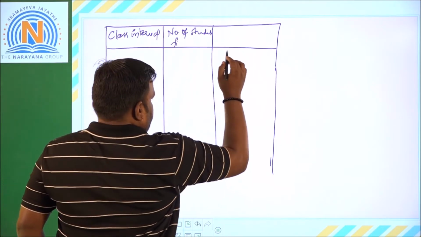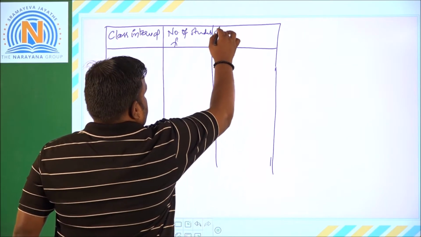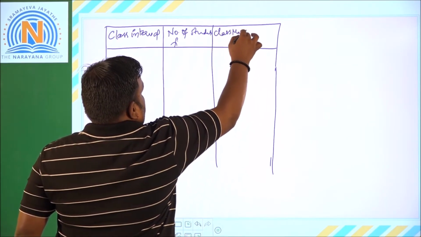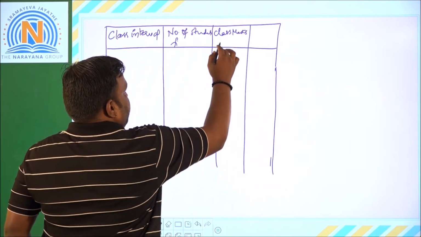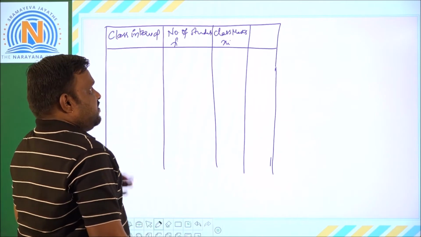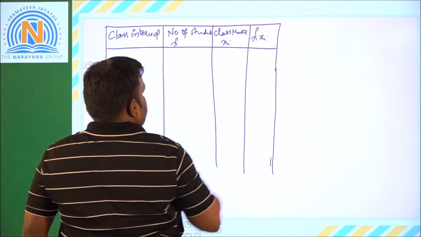Next we will come across the class marks or the mid value, that is Xi. Mid value of the classes, and the next comes Fixi, the multiplication of these two.